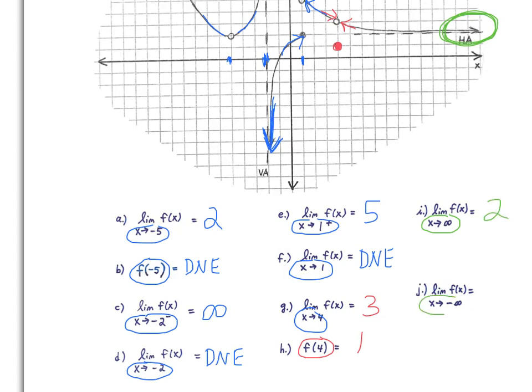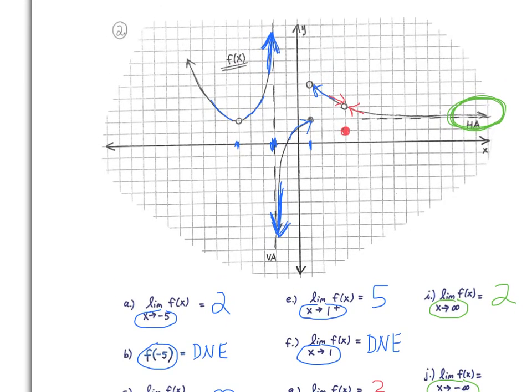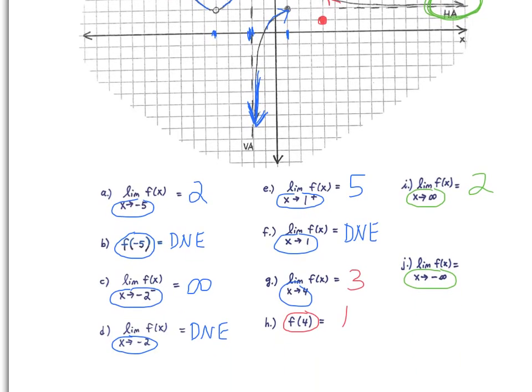And finally, as x approaches negative infinity, so as x gets super small, what's happening to y? Well, this is the extreme left side of the graph. This appears to be going up forever, so that indicates that our limit would be infinity. So infinity would be our answer for that.